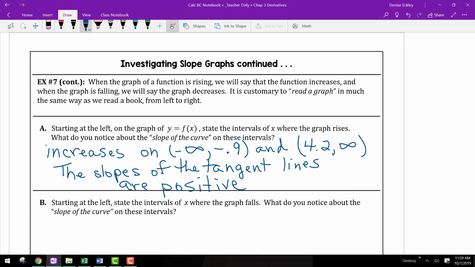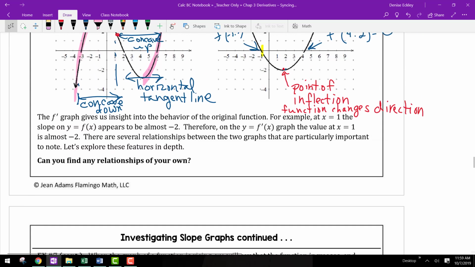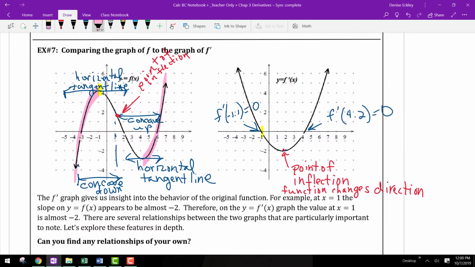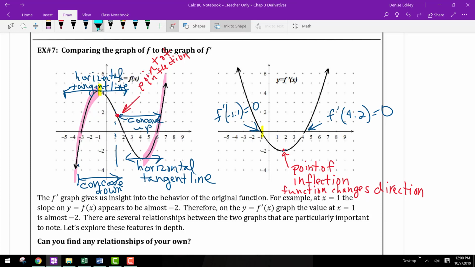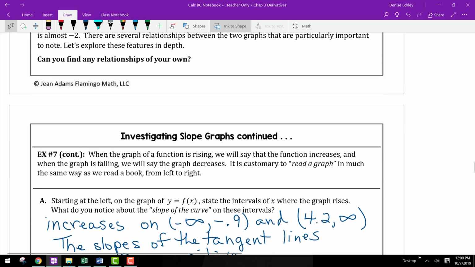Starting at the left, state the intervals of x where the graph falls. What do you notice about the slope on these intervals? So same idea. Let's go back here. And what we see is that from our horizontal tangent line to this section, the graph is falling. And if we were to draw slopes along this part of the curve in the light blue, they would all have negative slopes.